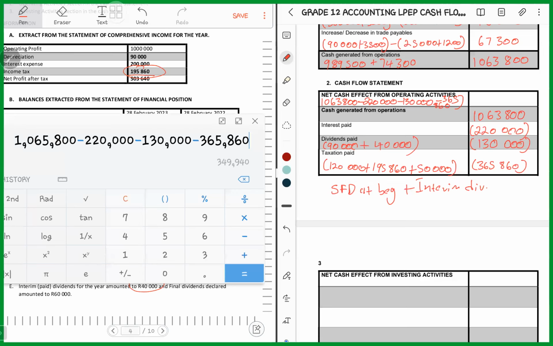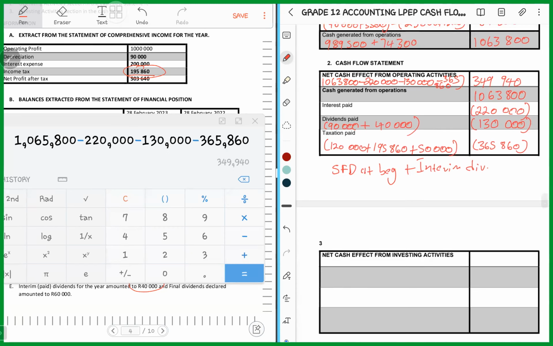Then that gives us 349,940. It is an inflow, by the way. So for this one, is there any question? Okay, silence means there is no question.